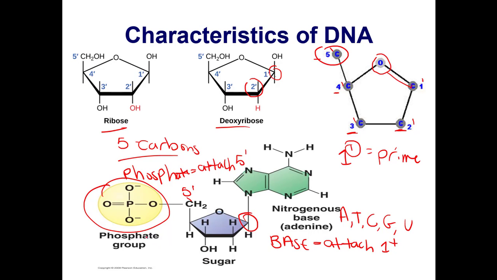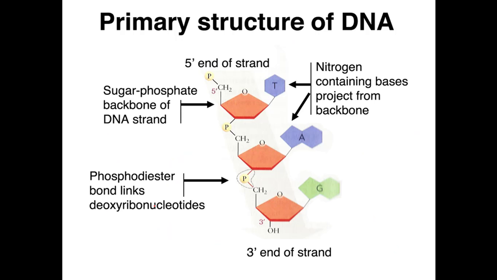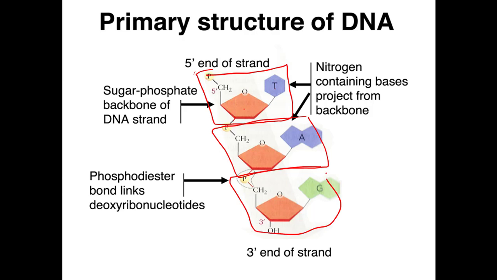Now, in real DNA, we don't just have one of these, we have many of these that are going to link together. So for example, here's one group with a base, the sugar and the phosphate, but they're going to link to a second one, and it's going to link to a third, and we're going to make a chain, a polynucleotide chain with a bunch of these that are all going to stick together.